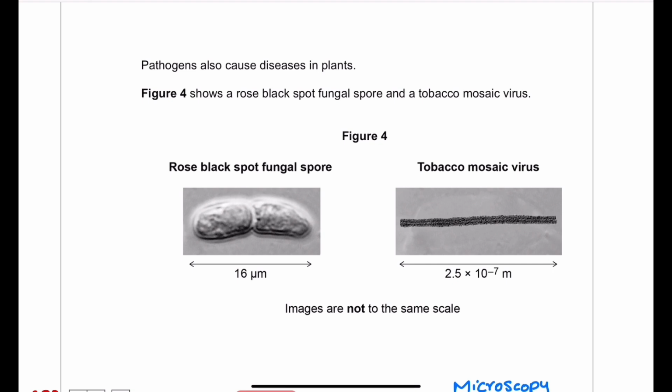Images are not in the same scale. The reason is a micrometre is 10^-6 metres.